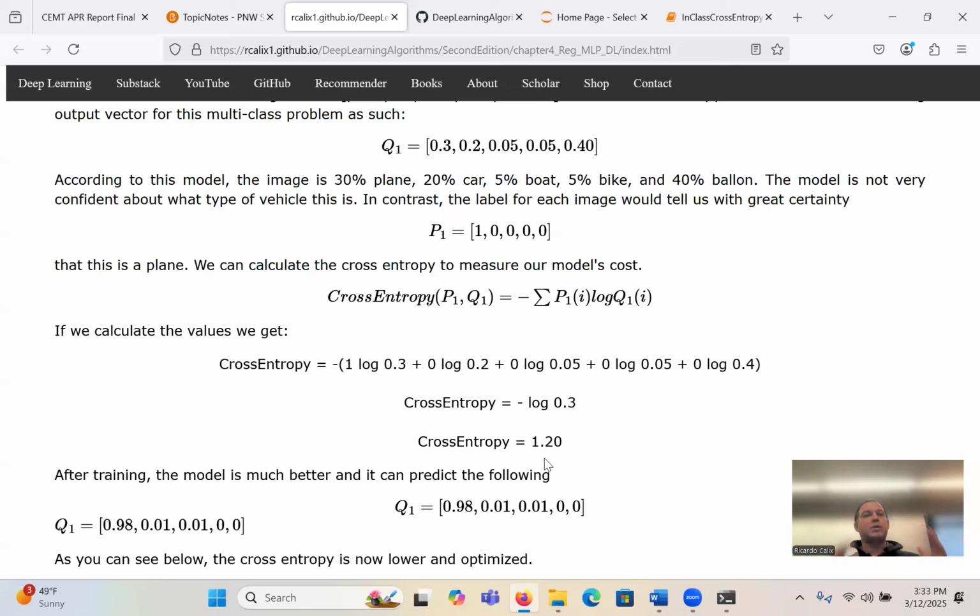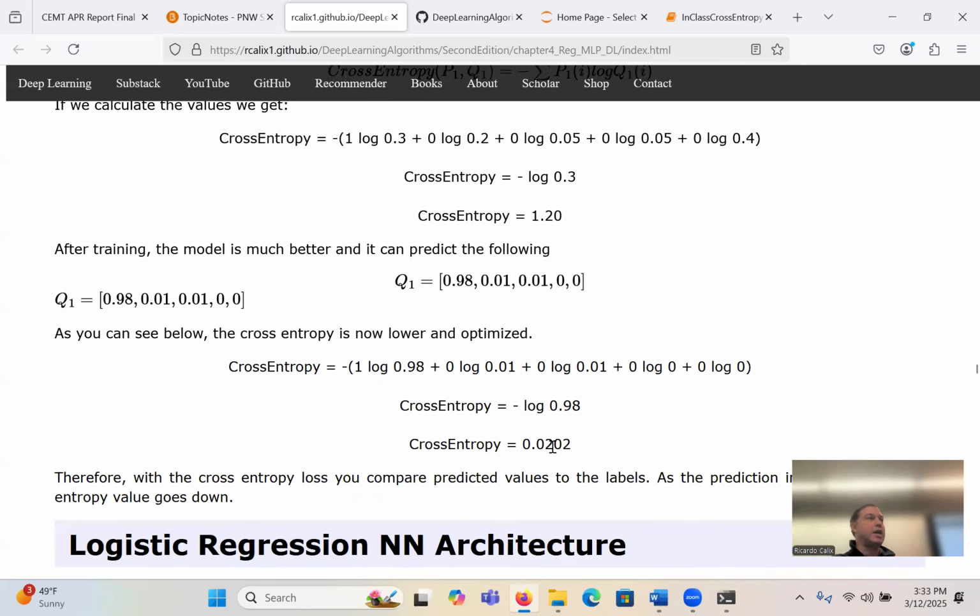So that was, let's say, at the beginning of training, when the weights were not really great. It predicted this vector, compared it to the real, and it gave us a 1.2 cross entropy. Training happens over time, and it adjusts the weights every time based on this metric. After training, once it has a really good set of weights, we recompute.